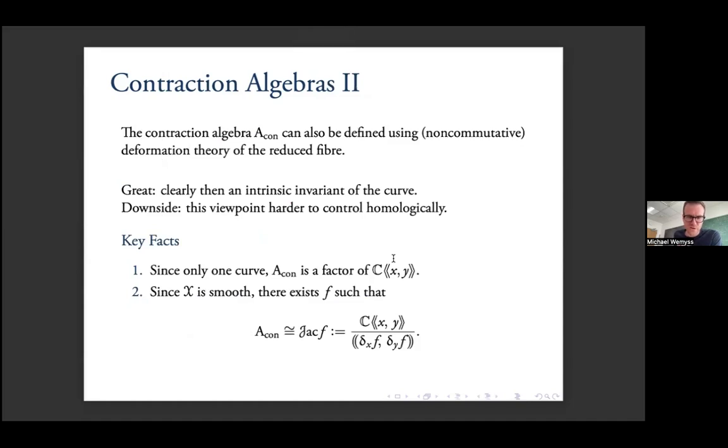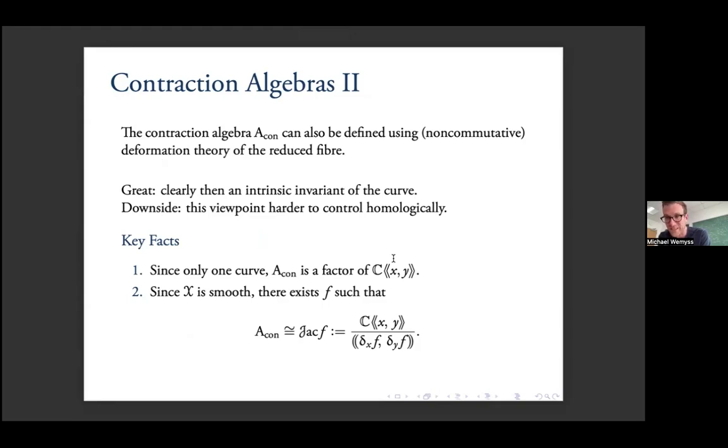I have taken all the technical details out here to save people. The contraction algebra can be defined using deformation theory. Deformation theory is a wonderful thing in that it tells you that you're doing something intrinsic to the geometry that you're in.